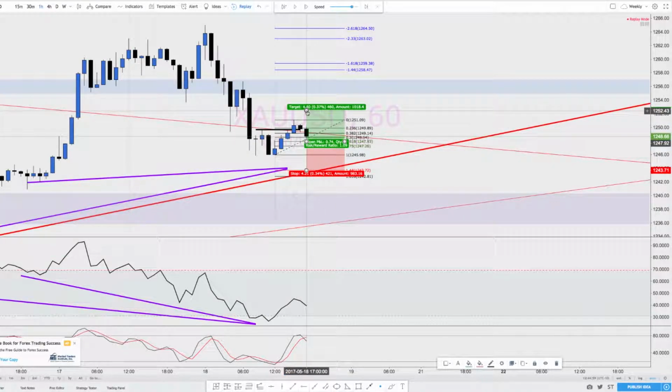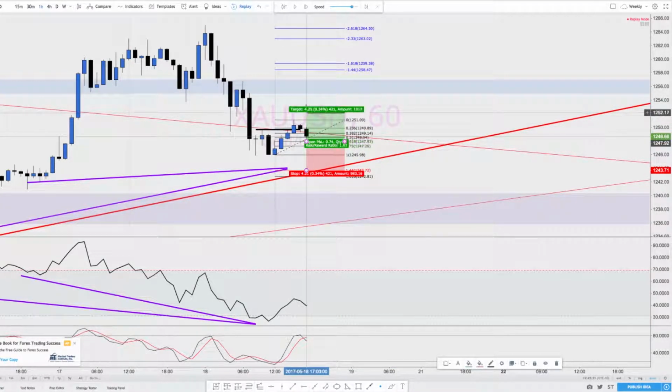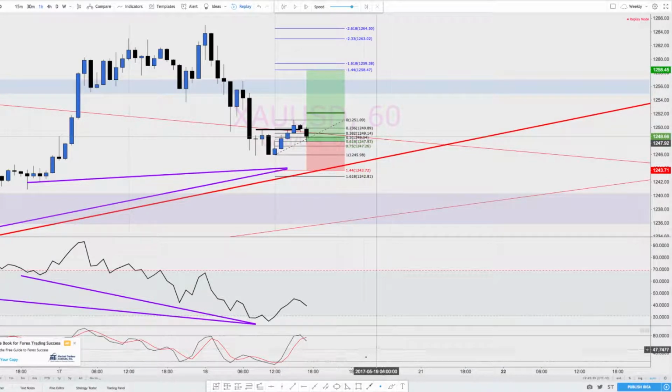Parameters come in. Take profit 1 is 1 to 1 RR. Take profit 2 comes in at 144 fib.